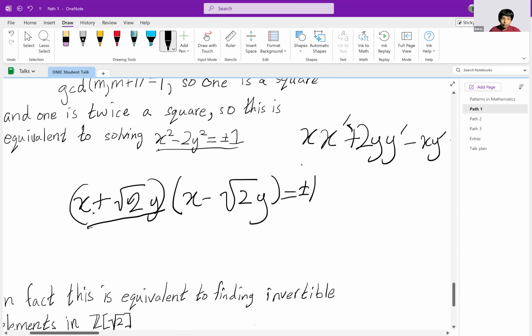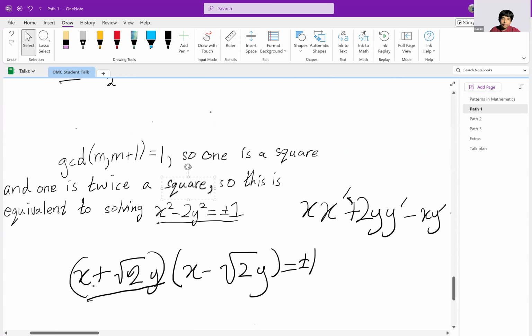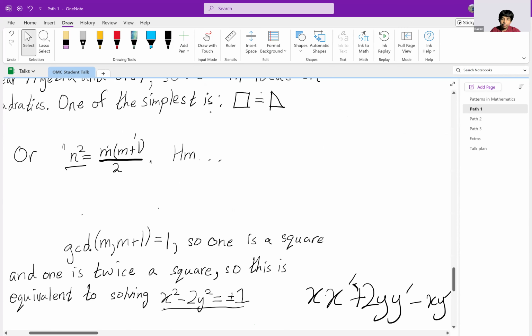So then these would be invertible, and we can actually use some theorems from rings and fields which can help us with this. So we can apply something quite abstract to find solutions for a Diophantine equation.